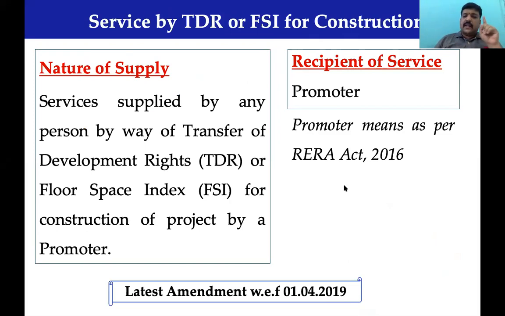Two entries coupled together we can discuss, where there is going to be a transfer of a development right, or a transfer of FSI, floor space index. When these are transferred by a landowner to a promoter who is going to construct the building and give something back to the landowner, then the respective promoter is liable to pay tax under reverse charge.